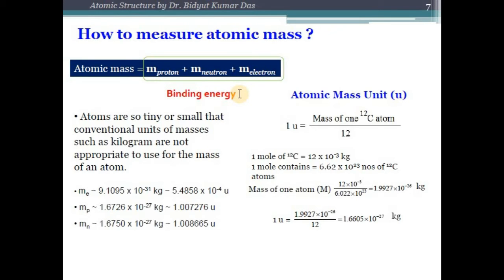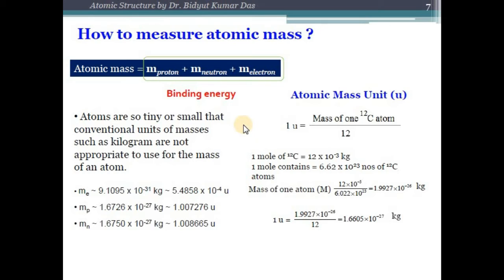Binding energy means that since protons, neutrons and electrons are attracted to each other by different forces, the total mass of the atom is always less than the total mass of the individual particles if we add them together.